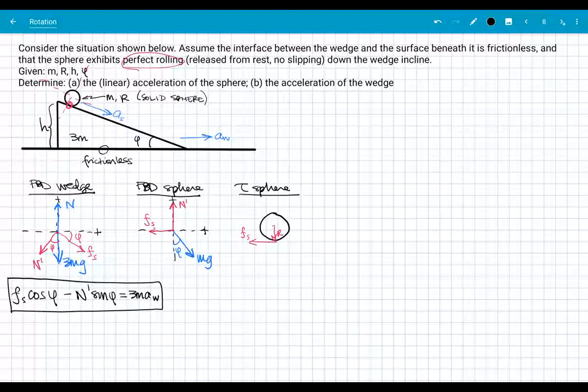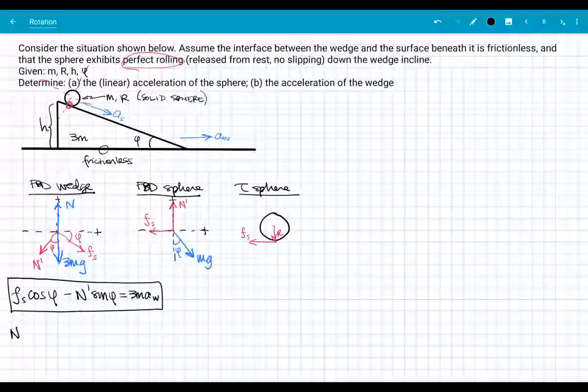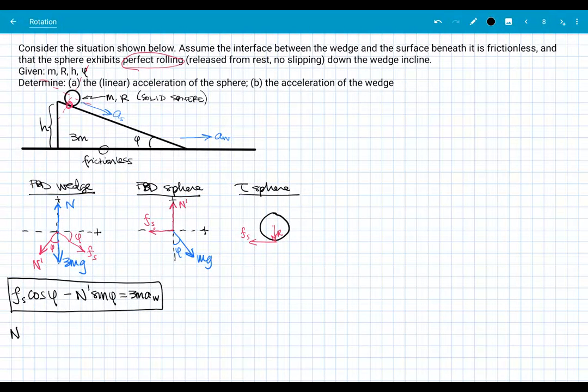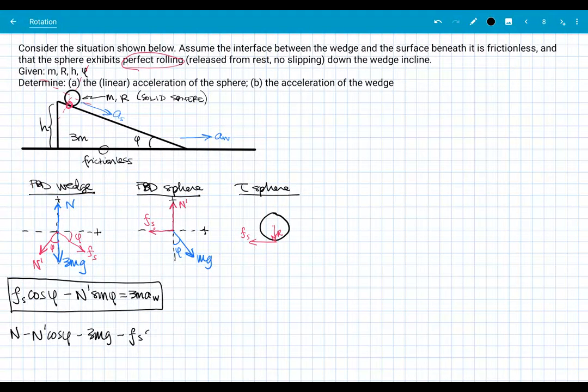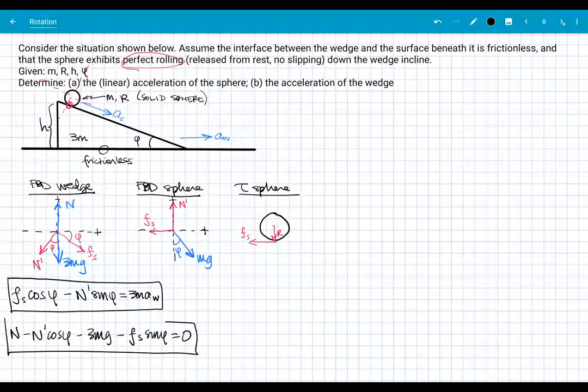I'll do my y equation. N minus N prime cosine phi minus 3mg minus f sub s sine phi equals 0. Okay, got two equations generated out of that.